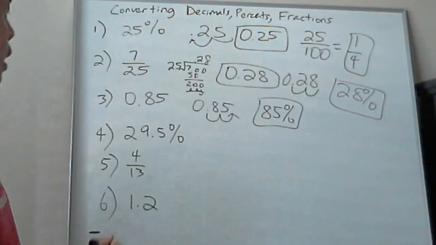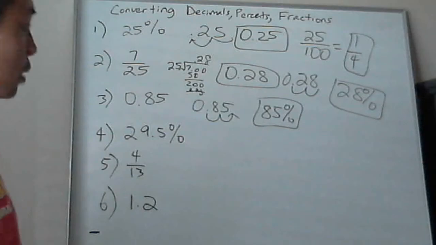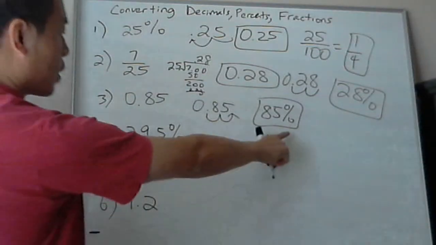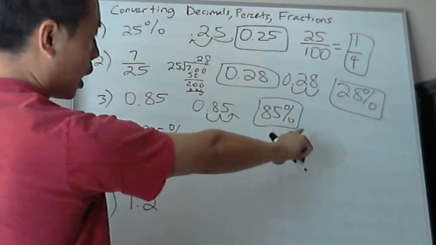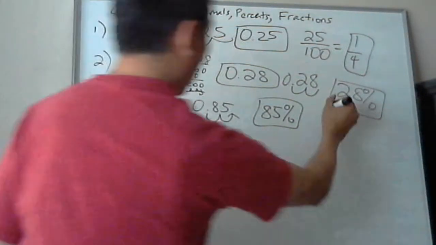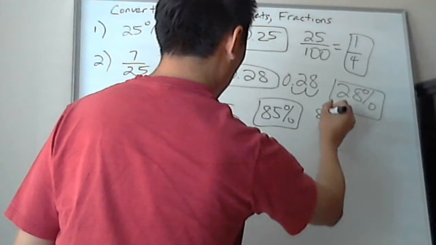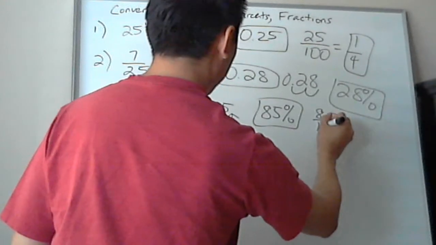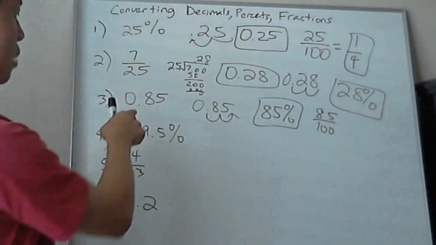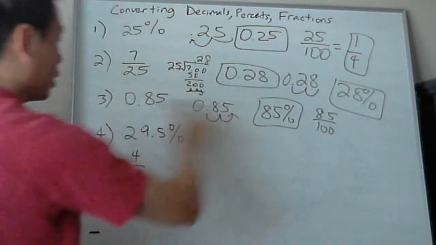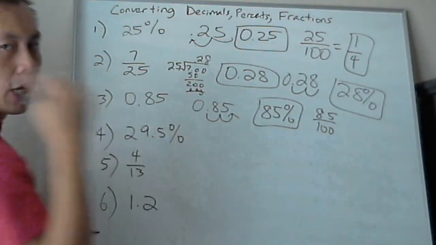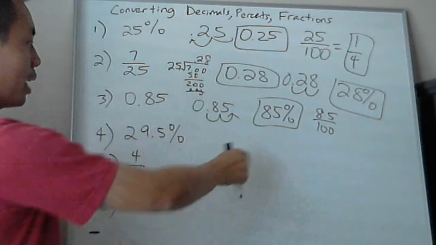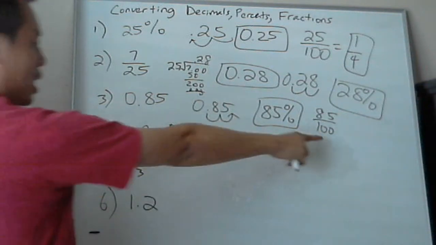Now I have to change that into a fraction. How do I do that? Well, 85% changes to 85 over 100. Or a clearer way, I think, and I don't want to confuse you, is to just leave it as a decimal and then change it into a fraction. Unless you're very familiar, I wouldn't change it from a percent to a fraction.